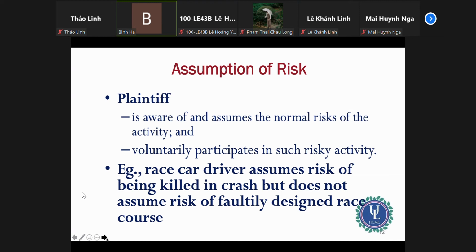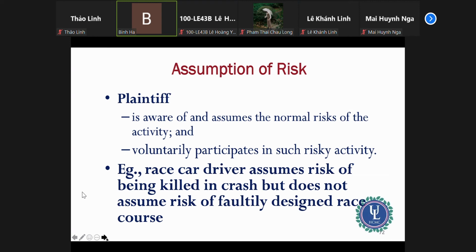If the defendant is able to prove so, then the defendant can come to the conclusion that a defense is available to him.